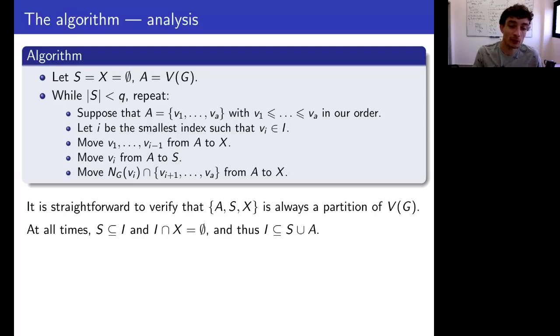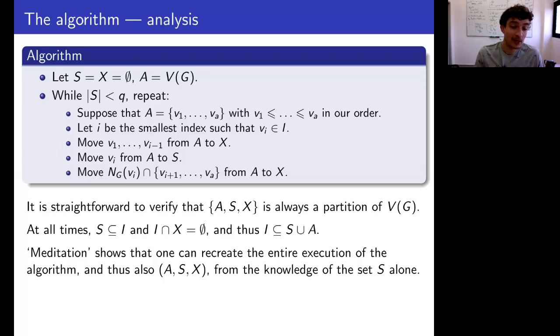Because we only move to X vertices that we've already determined are not in I. And since X, S, A is a partition of the vertices of the graph, and I is disjoint from X, it means that I has to be contained in the union of S and A.